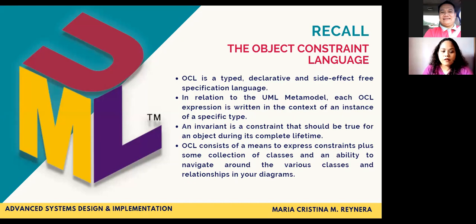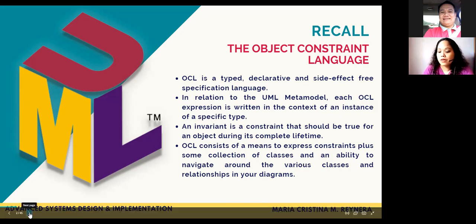The last one is an invariant, a constraint that should be true for an object during its complete lifetime. Often it represents rules that should hold for the real life objects after which the software objects are modeled.